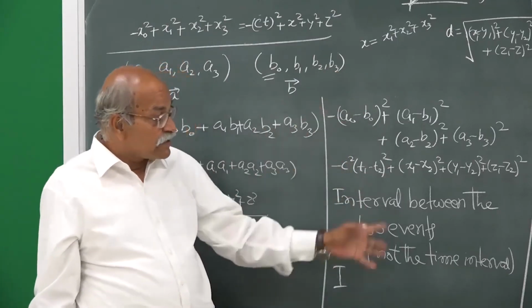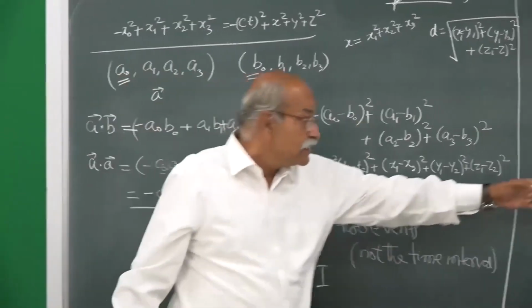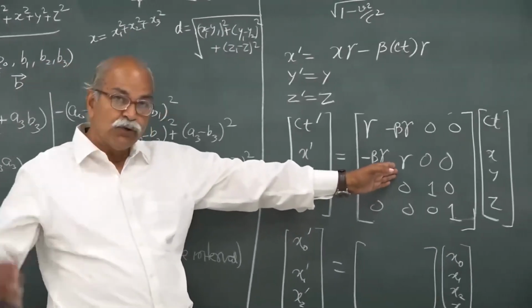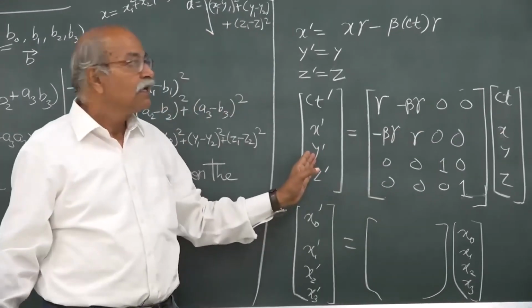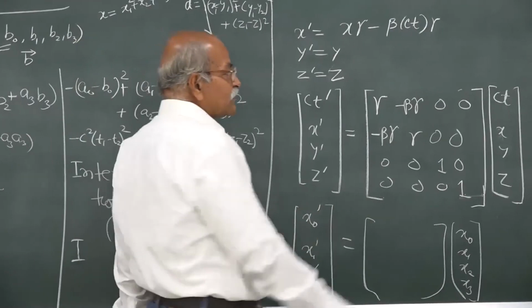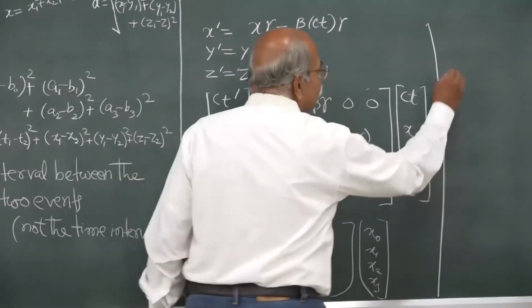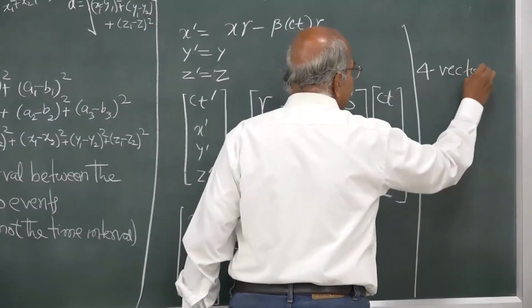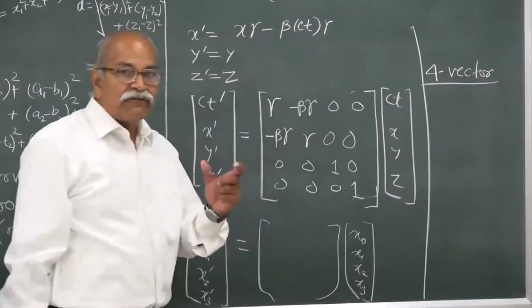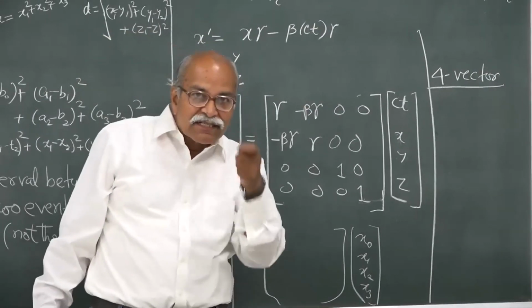Now when we define such vectors which transform when you go to S prime according to this Lorentz transformation, they are called 4 vectors. We write it this way. A 4 vector will have 4 components.